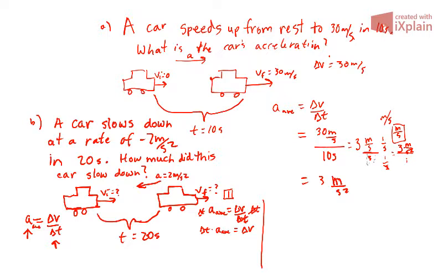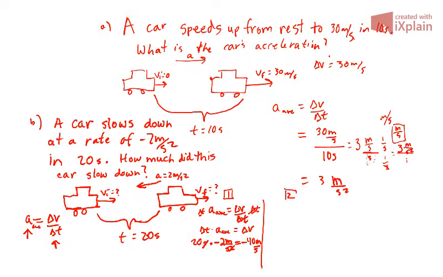Now I'll plug in the numbers: 20 seconds times, and this is 2 meters per second squared to the left, so that is a negative 2 meters per second squared. The s squared cancels with the s, and we're left with negative 40 meters per second. And that is how much velocity we lost.